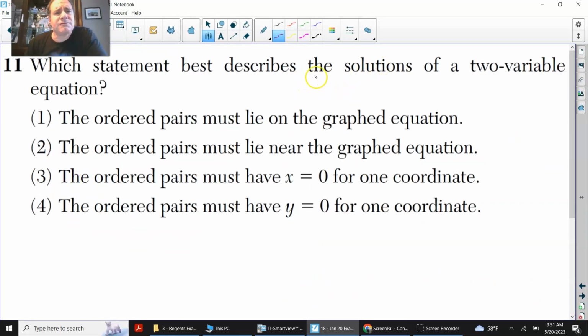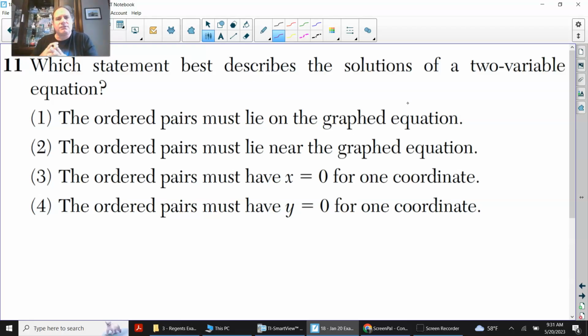11. Which best describes the solutions of a two-variable equation? Think about a two-variable equation. When you graph a two-variable equation, you're graphing a system, right? Like y equals 2x plus 3, and then y equals 4x minus 10.